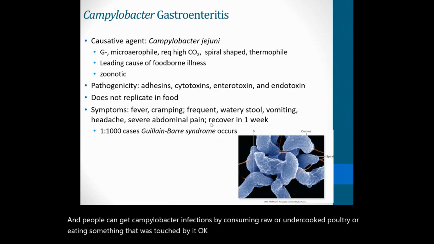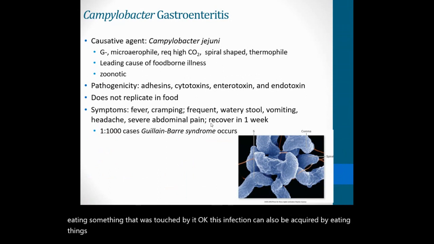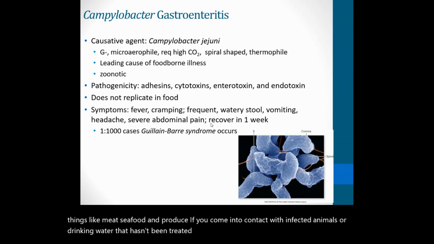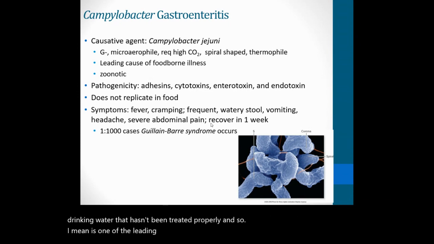This infection can also be acquired by eating things like meat, seafood, and produce, if you've come into contact with infected animals, or drinking water that hasn't been treated properly. And so it is one of the leading causes of foodborne illness.